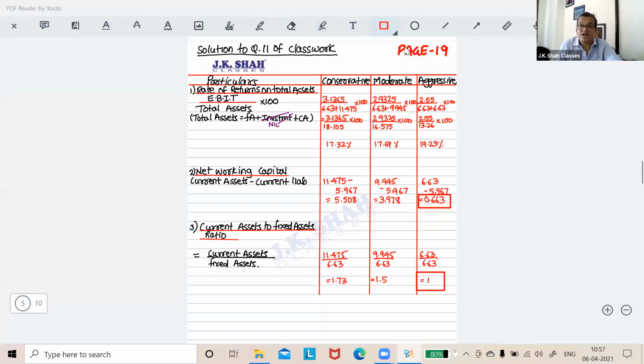Now you'll ask me, sir, where did you see the highest returns? Look over here. So the returns are also highest. What will you write in the bracket? Returns on total assets is equal to 19.23%.